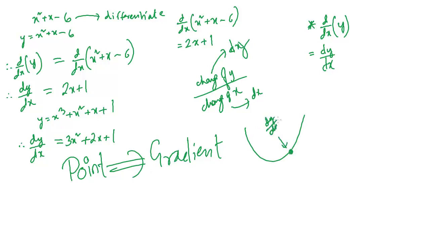Suppose this is dy by dx. At another point, it would have another gradient, another dy by dx value. At another point, another value for dy by dx. For everything here, we need a point. A point is an ordered pair: bracket open, x value, comma, y value, bracket close. So this is how it works.